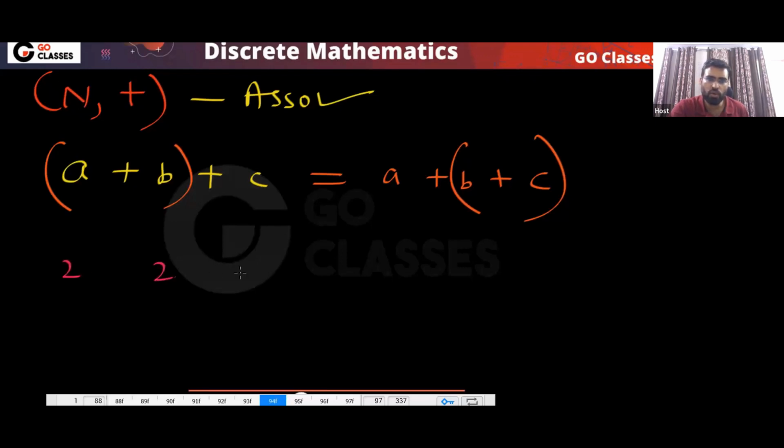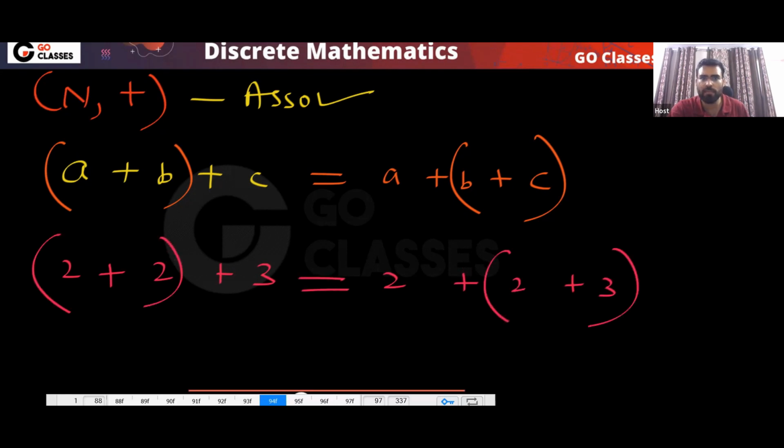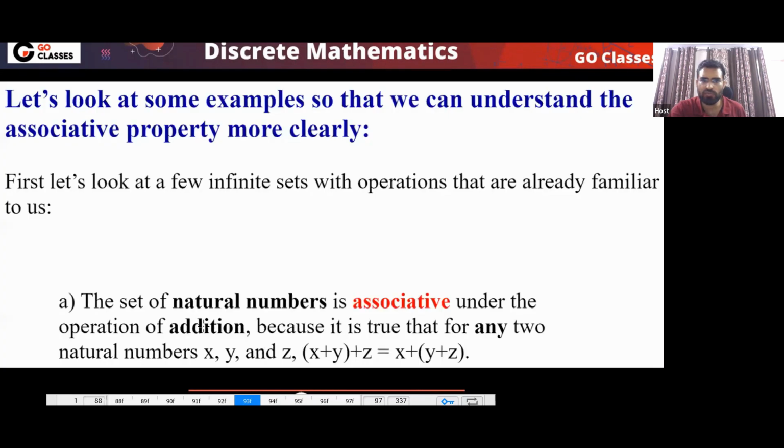For example, if you take 2, 2, 3, you can notice this and this are actually the same. So this is the definition of associative property. So the set of natural numbers is associative under addition.